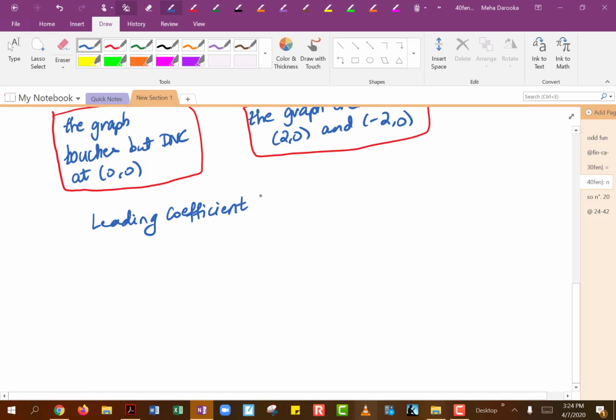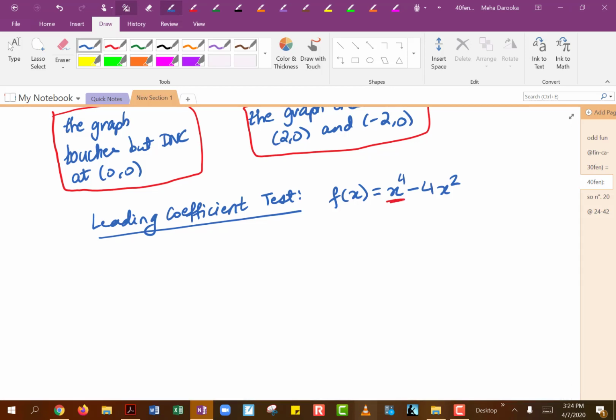Okay, so leading coefficient test, let me write the function here again. We have x to the fourth minus 4x squared. So for the leading coefficient test, we always look at the first term. And so my degree is a fourth degree polynomial, right?